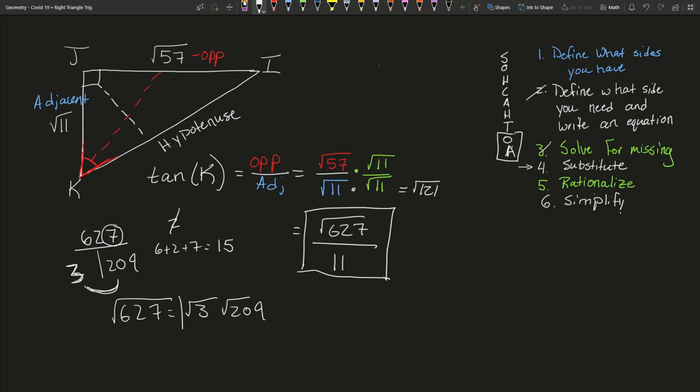We kind of can, like this, but we would rather just have a whole number under the square root. Okay, so it ends up just being square root of 627 divided by 11. Because there's no perfect squares that we can take out of 627. Okay, so it just stays like that. If there are no perfect squares that you can factor out, then it just stays as is.